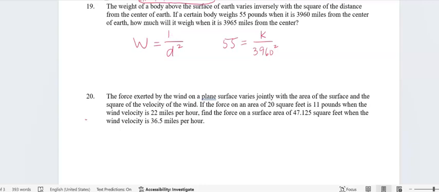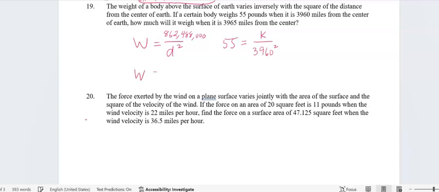All right, I just wanted you to see where we got that number, and I'm going to go ahead and replace our original k with that. So this is the equation that will help us find either weight or distance, whichever, and in this case, we're trying to find weight given distance.